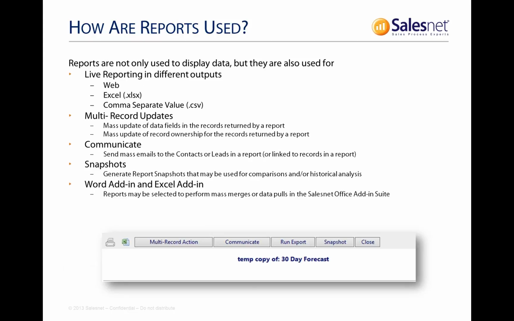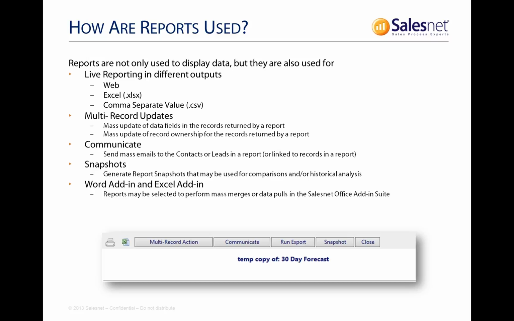The other thing to keep in mind, and we'll be going over this through the other sessions when we get into multi-record update, and we've already looked at communicate and snapshotting, is that you have multiple functions around the reports. So it's not just dumping data out of the system or displaying it to a web page.